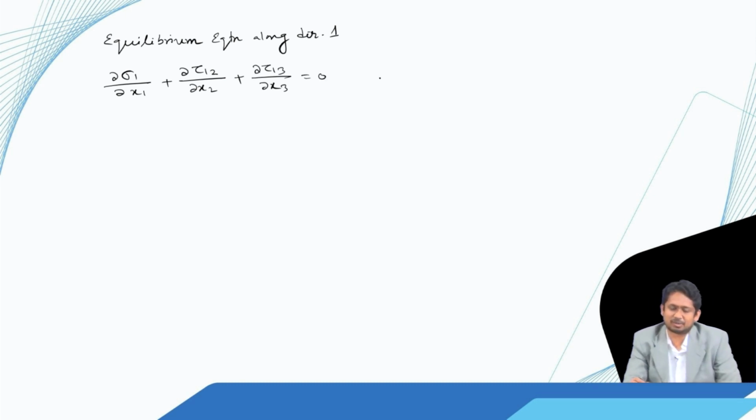So, taus are the shear components. Generally, we use sigma for denoting the normal stress components and taus for the shear components.